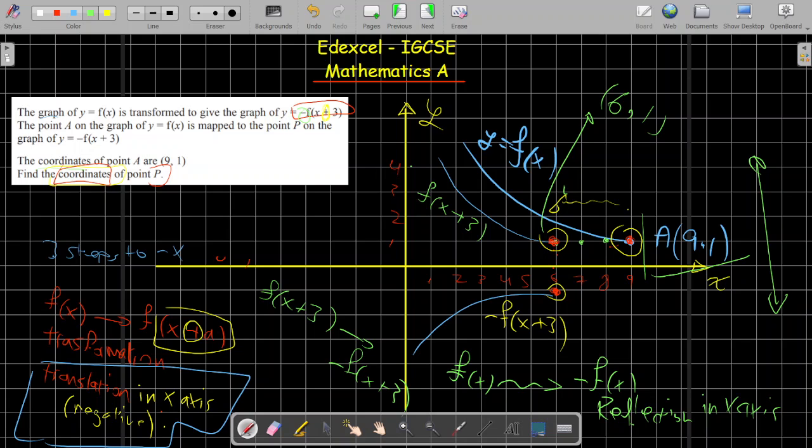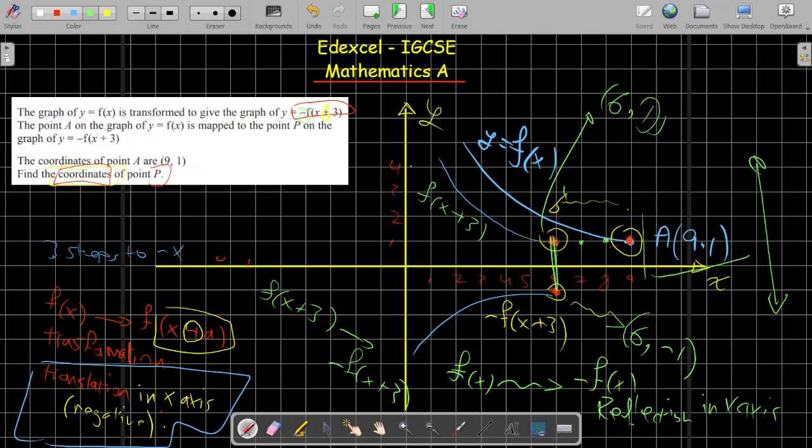Now the (6, 1) is going to be reflected, and since it's going to be reflected in the x-axis, it means that the value of x is going to be the same. The only change that happened is on the y. So the point here is going to be 6. It's the same because we didn't change the x-coordinate. The only thing is that the positive 1 is going to become minus 1.